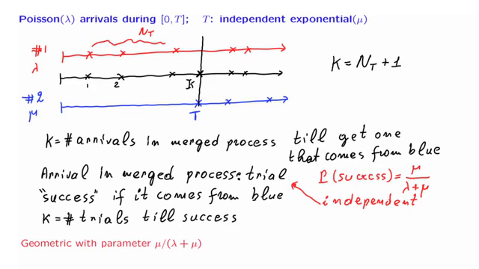This gives us the probability distribution of the random variable K, and once you have the PMF of K, you just shift it by 1 to the left in order to get the probability distribution, the PMF of the random variable N_T. And so this is the answer to this problem. The number of arrivals during an exponentially distributed time interval is a geometric distribution that's shifted by 1 to the left.